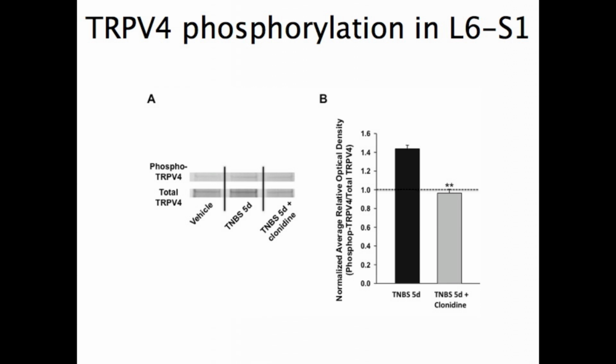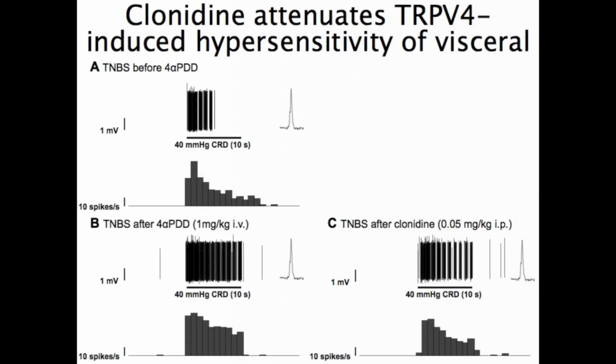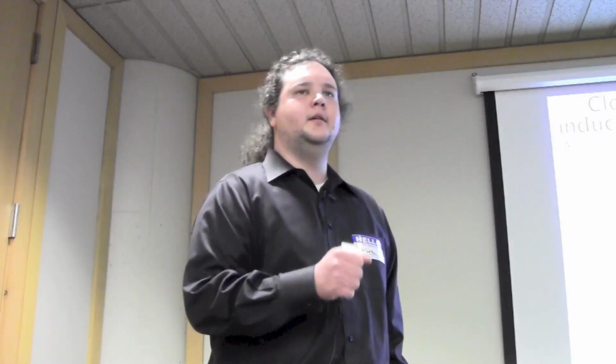And so we stained for phosphate groups and compared it to just total protein, and it does appear that TRPV4 is more phosphorylated in our IBD model, and clonidine reduces this phosphorylation. But again, that doesn't tell us directly if it's involved. You know, it could just be, in inflammation, almost everything is probably more phosphorylated. So that doesn't necessarily tell us that it's important for pain.